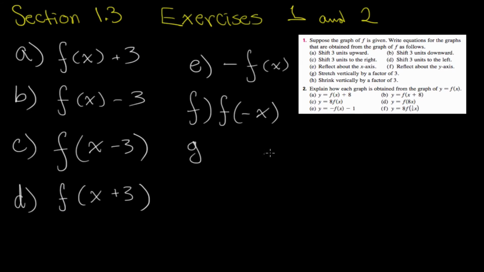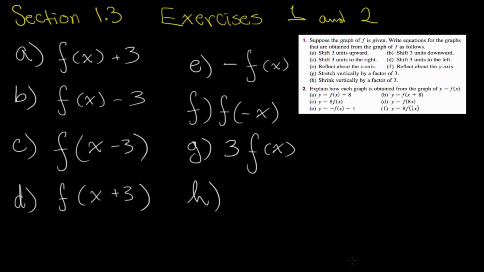G, a vertical stretch by a factor of 3. To do a vertical stretch, you have to multiply the whole function by that factor, so 3 times f of x. And H, the last one, a vertical shrinkage by a factor of 3.